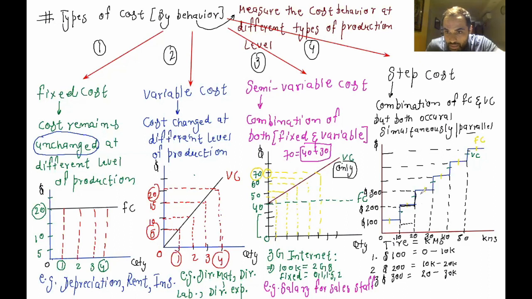When 30,000 finishes, cost increases again. That's why it looks like steps. But remember, within a limit, cost is fixed. If you cross the limit, cost increases, and then it gives you the next limit. That's why it is like this. So this is called a step cost.